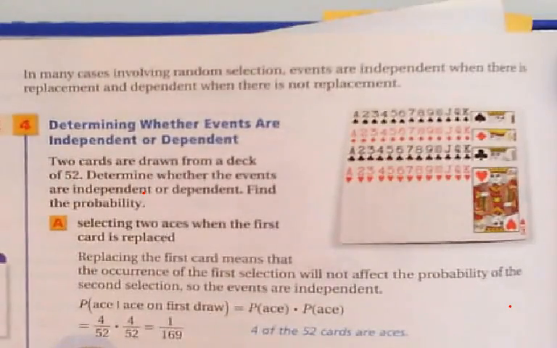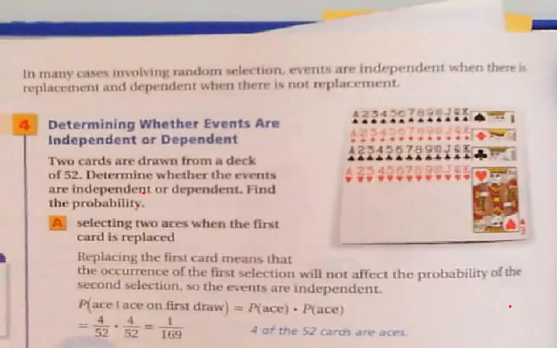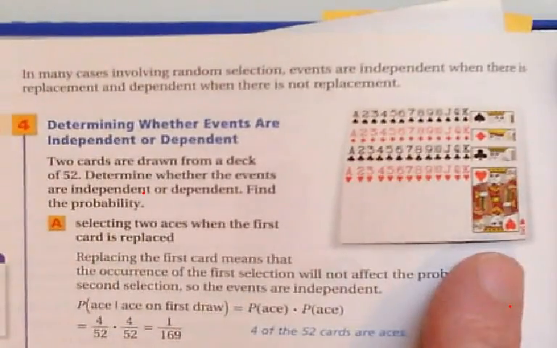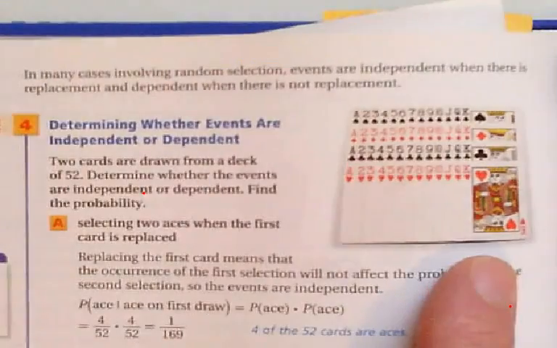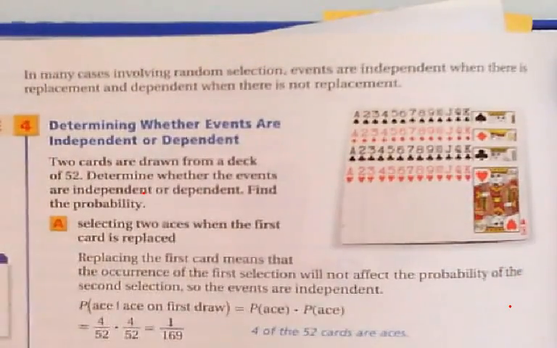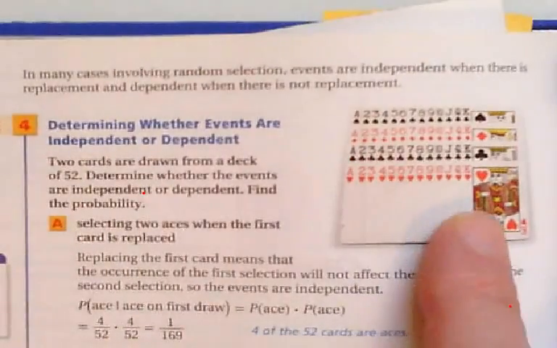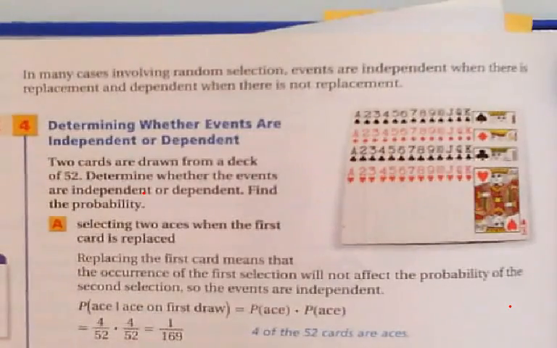Here, there were 52 cards. When I put it back in there, there were 52. If I just hold on to that ace and then ask what's the probability, then there's only 51 cards in the pile, right? And 3 of them are aces. So that would be a smaller probability if I held it.